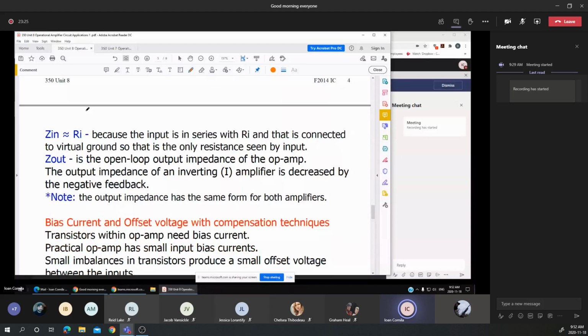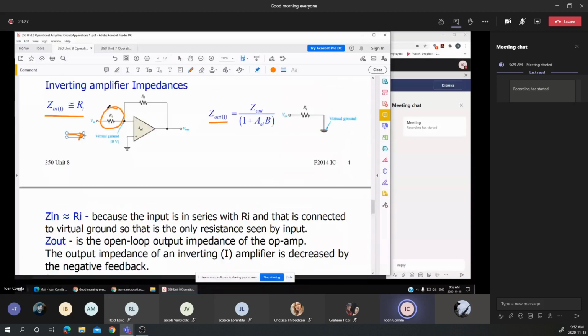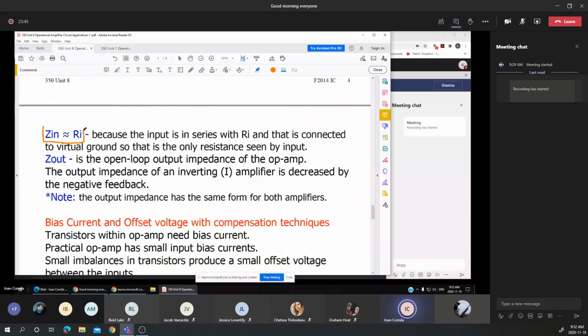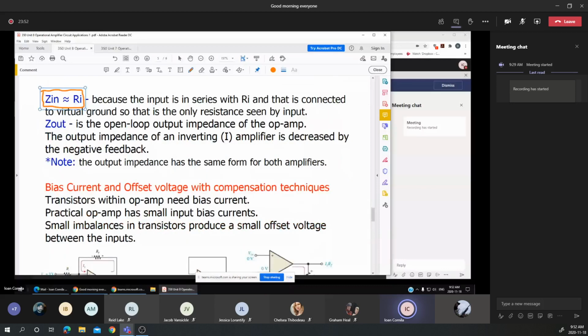That's why there are some restrictions in using inverting amplifier applications, and you will see where we use an inverting or a non-inverting amplifier. As a short approximation, the input impedance for an inverting amplifier is almost the same as RI, the input resistance.